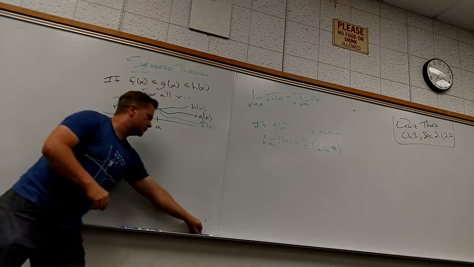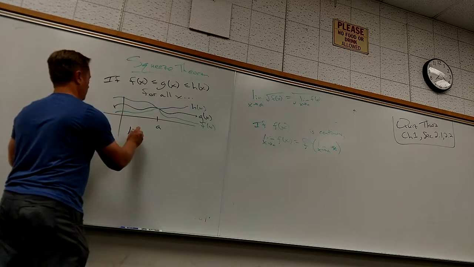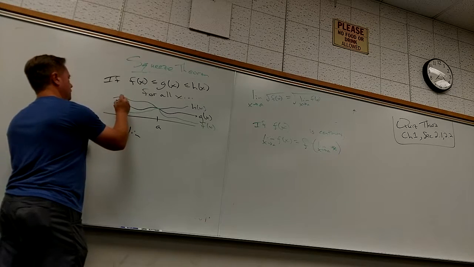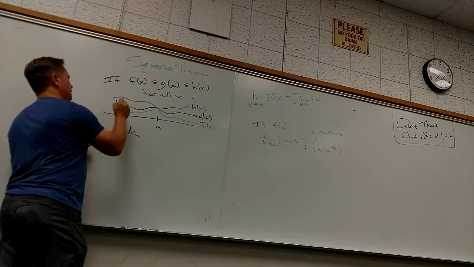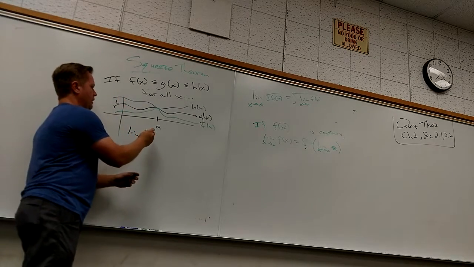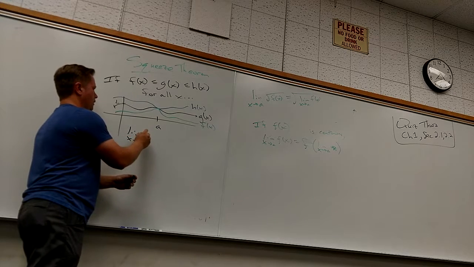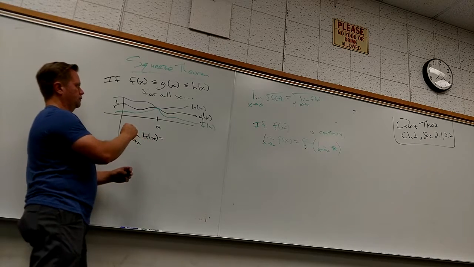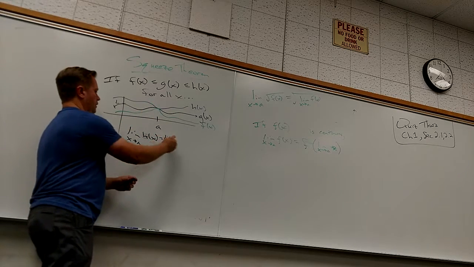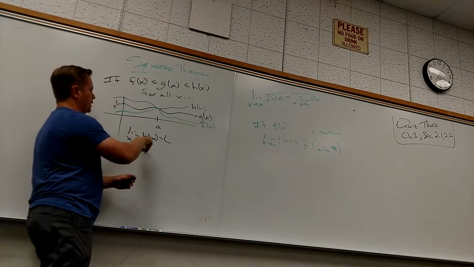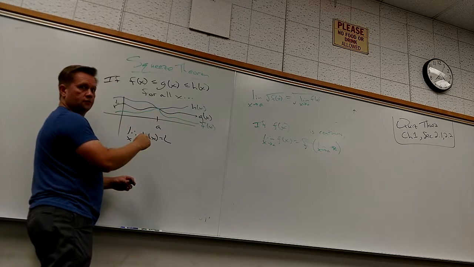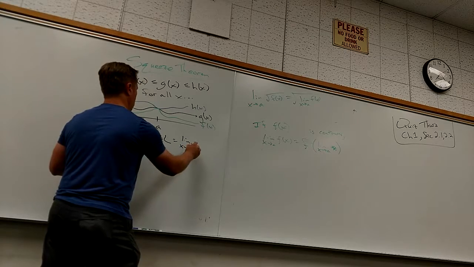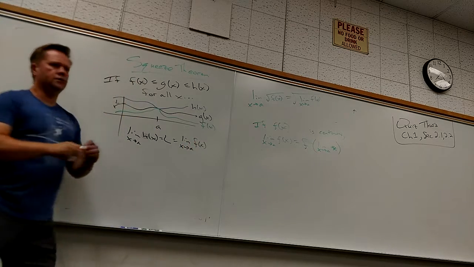So what is the limit? Let me call this L. What's the limit as x goes to a of h of x? L. And what's the limit as x goes to a of f of x? L. Let me stop here for a second.